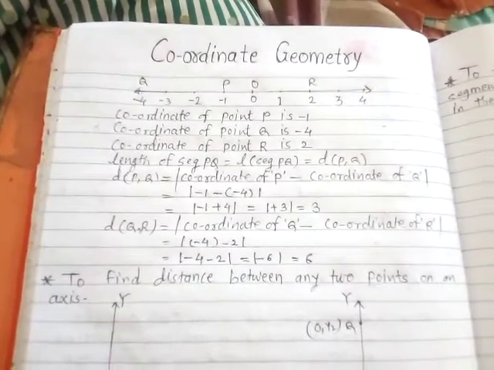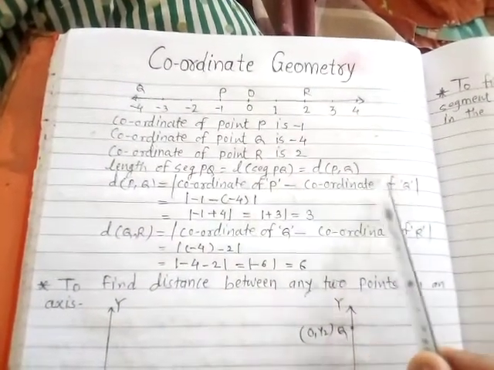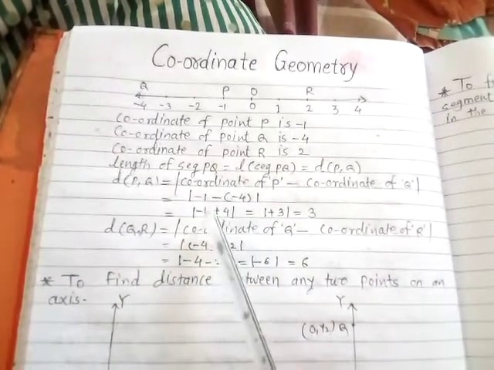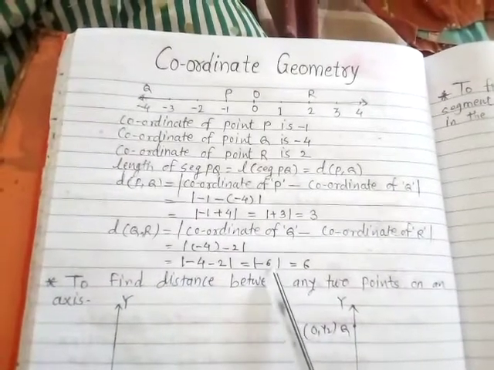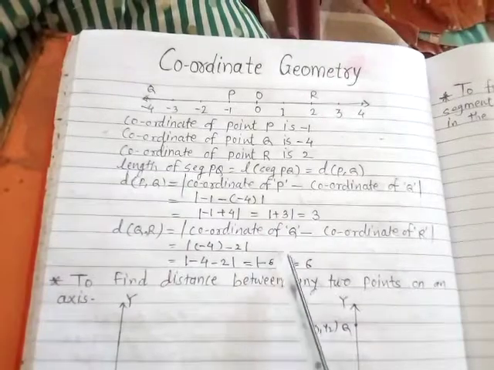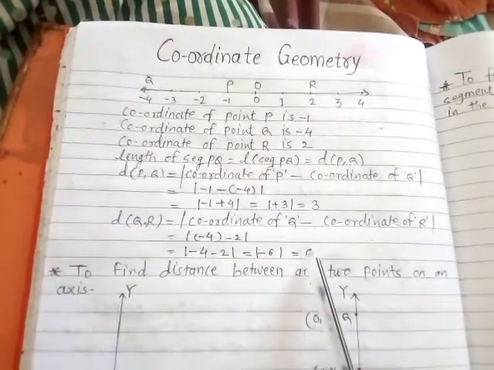For P and Q, the coordinate of P minus the coordinate of Q gives 3. Similarly for QR we get -6, but distance is never negative, so by using the modulus we make the negative sign positive.